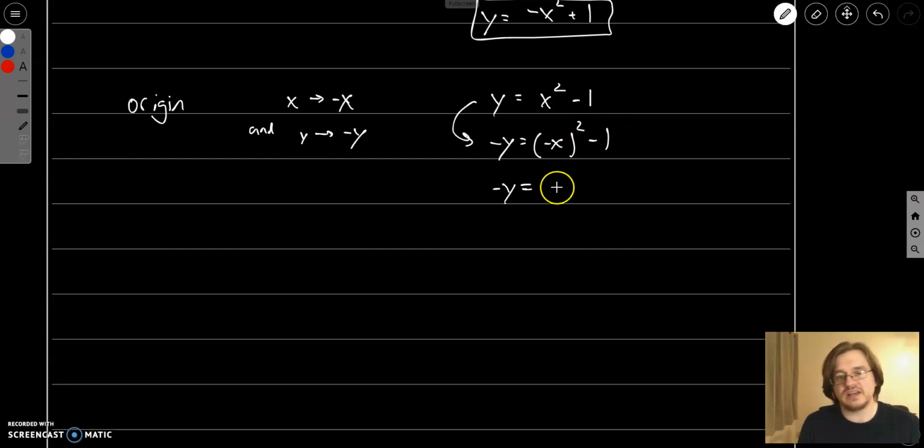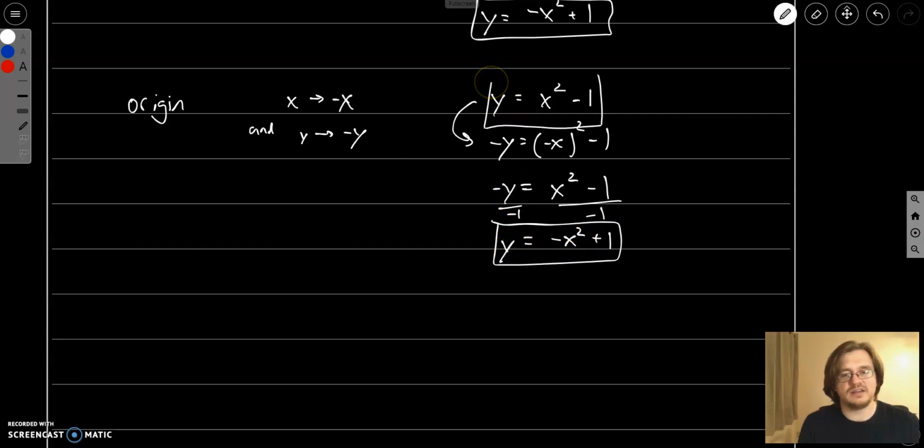Negative x squared, again, the negative signs cancel out, and I just get x squared minus 1. Just like before, I'm going to divide everything by negative 1 and change all these signs, so I get y is equal to negative x squared plus 1. So my equations don't look the same. Y is equal to x squared minus 1, y is equal to negative x squared plus 1. These aren't the same. It's not symmetrical about the origin.